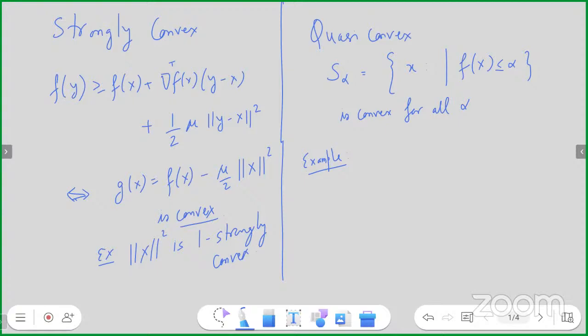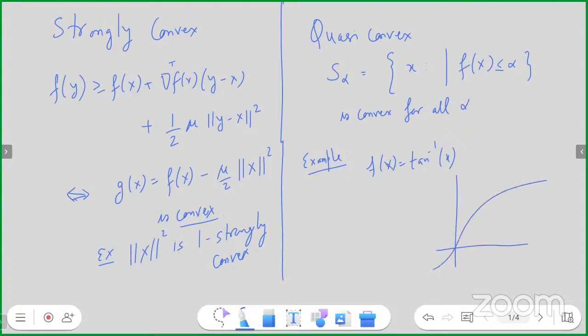Not convex. Otherwise, every convex function is quasi-convex. So what's the big deal? Tan inverse. Wow, that is interesting. So f of x is tan inverse. Why not tan itself? The domain is convex. It goes till infinity. Okay, so what does it look like? Can you tell me what it looks like?